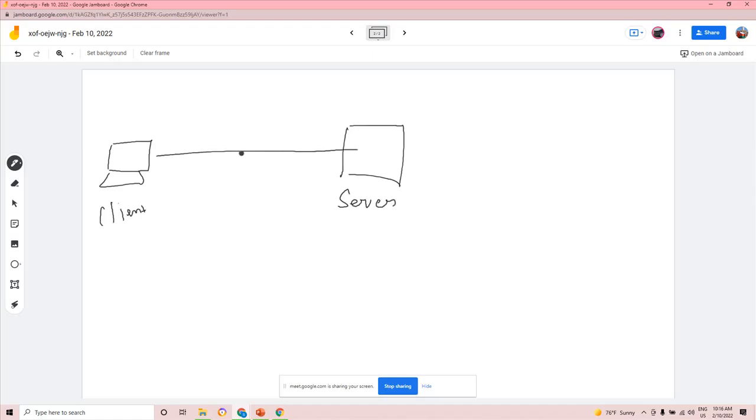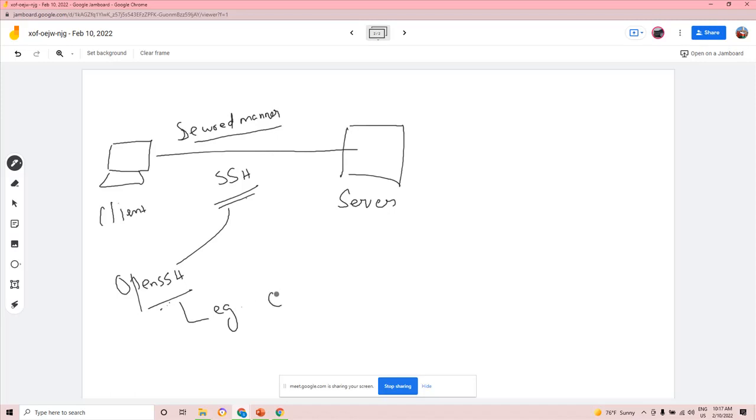You want to connect with the server in a secured manner. If you want to connect in a secured manner for administration purposes, and you want to do some configurations and administrative work here, then you can go for the SSH protocol. So here, with SSH, there is OpenSSH. This is the example for an open protocol.